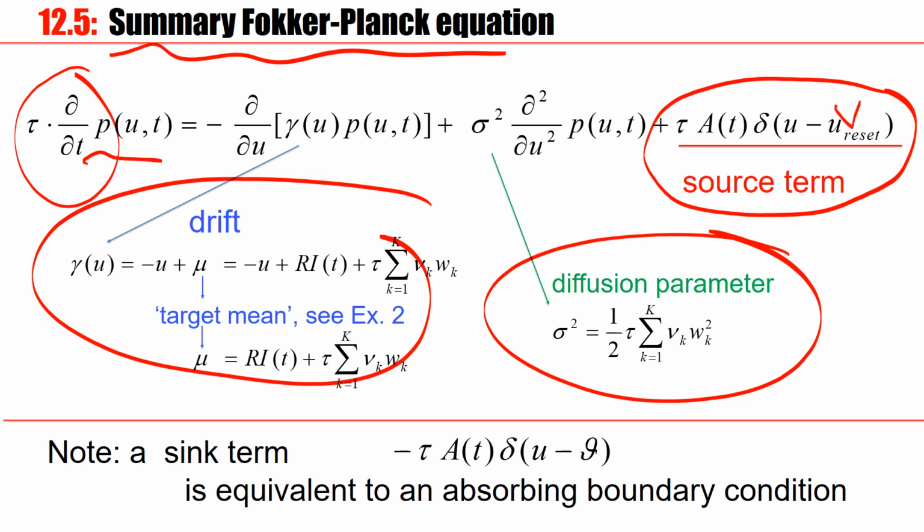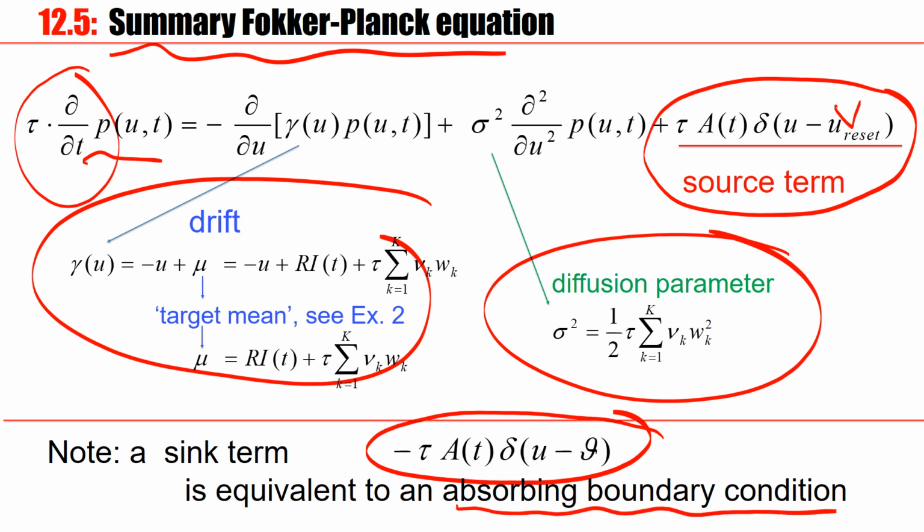And you can also think of the boundary, the threshold, as a sink term. I presented it as an absorbing boundary condition, but instead one could also say, okay, there's a sink term that removes a certain amount of membrane potentials at the threshold and re-injects these as a source at the reset potential.